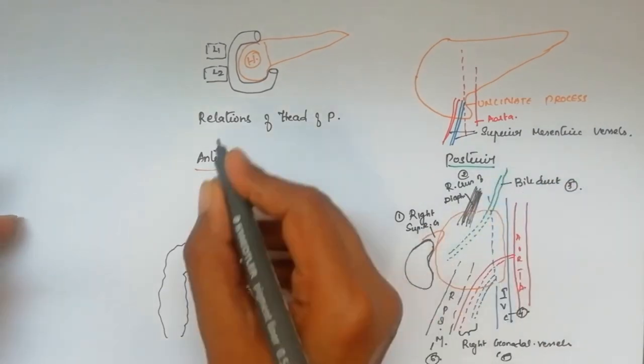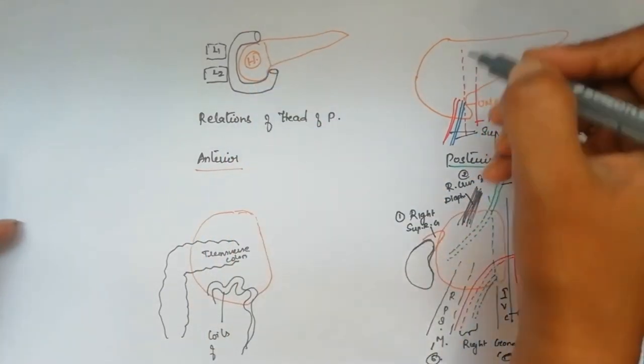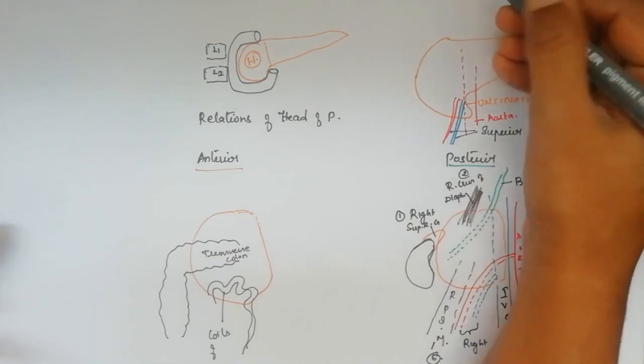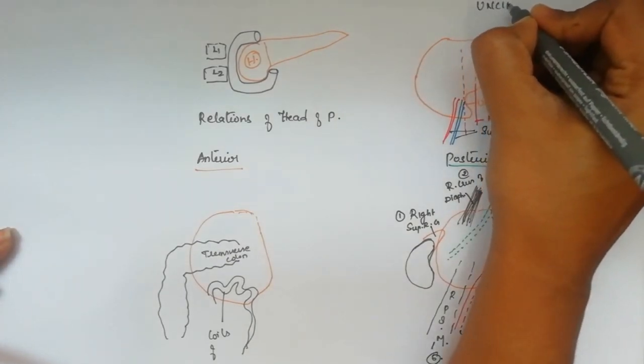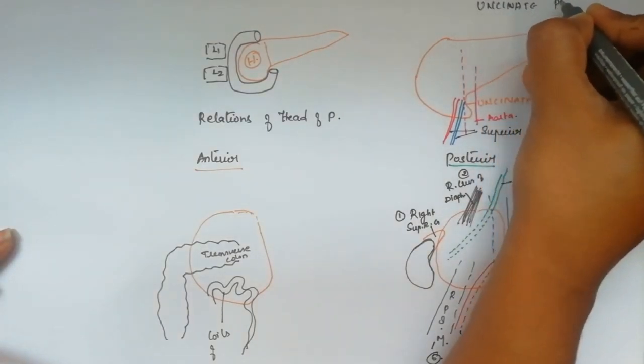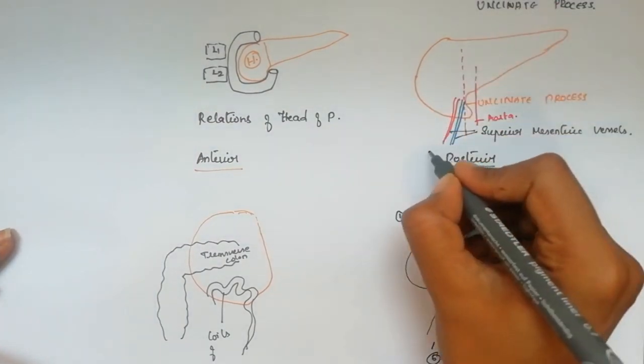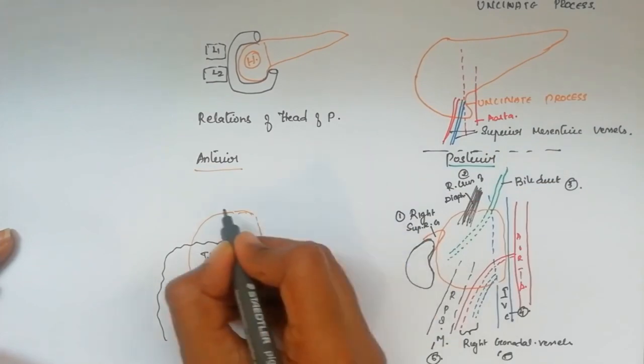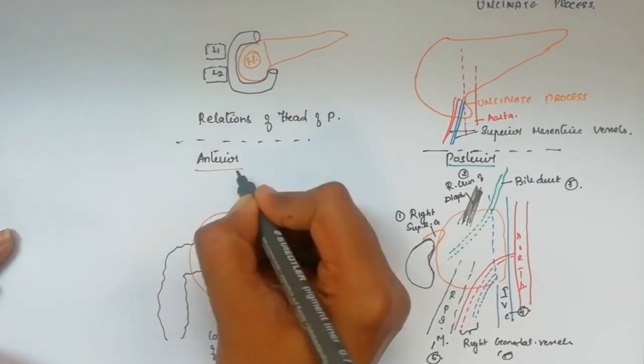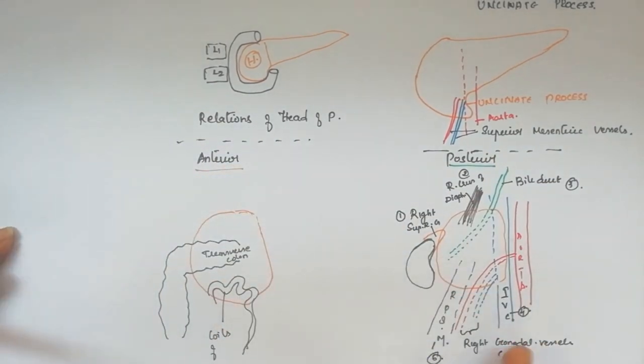This is about the uncinate process relation, this whole part. These are the anterior and posterior relations of the head of pancreas.